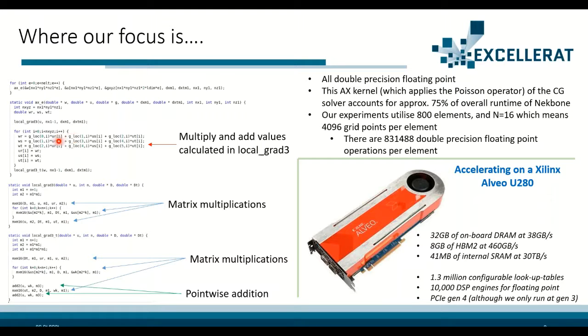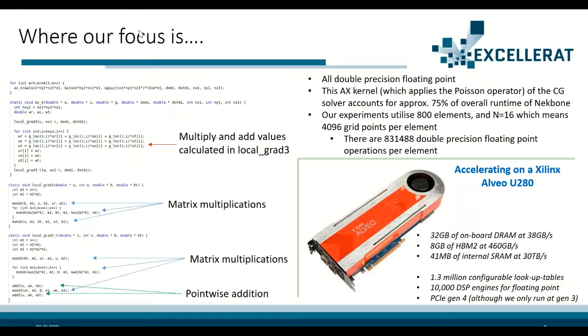We've got some multiply and accumulate here, and then lastly this part, which is again matrix multiplications and some additions as well. Per element, we've got 4,000 grid points and about 800,000 double precision floating point operations. And it's all double precision at this stage.